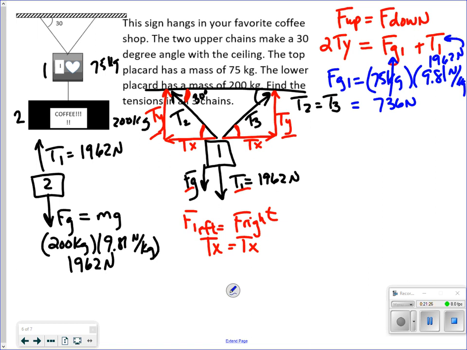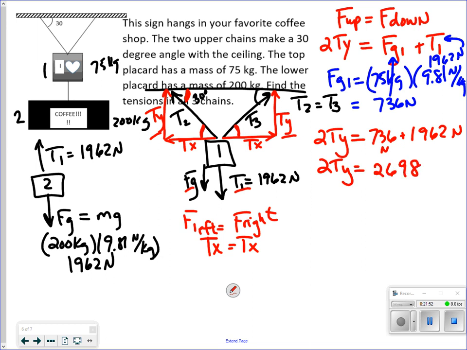All right, let me go back to my original color of red. I'm going to get 2Ty equals 736 plus 1962, and I'll slap some labels on those. That gives 2698 newtons.